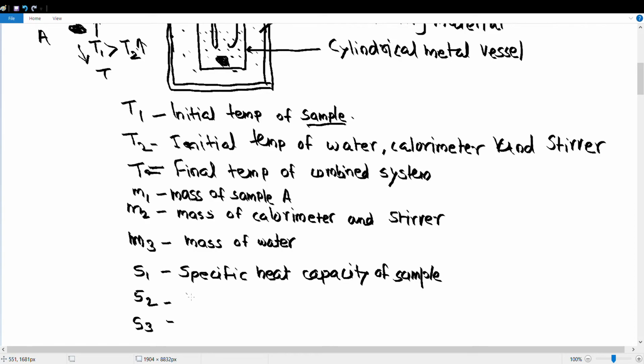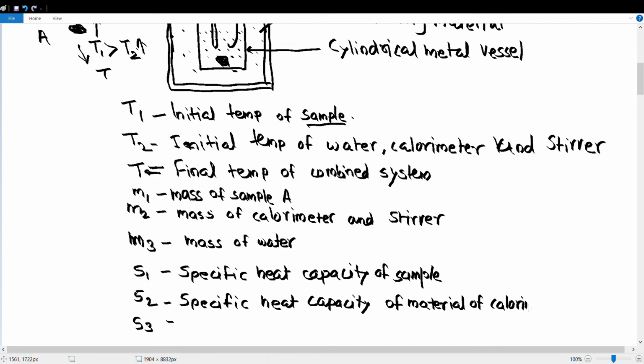This S2 is the specific heat capacity of material of calorimeter and stirrer. This 2 notation is used for M2, mass of calorimeter and stirrer.